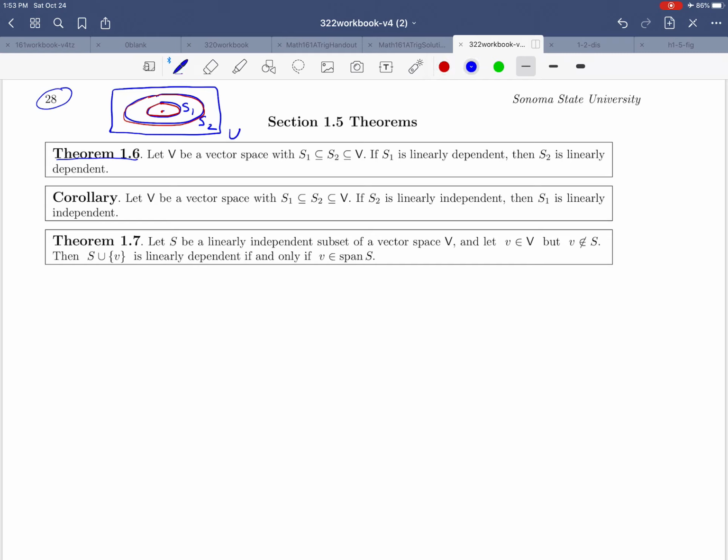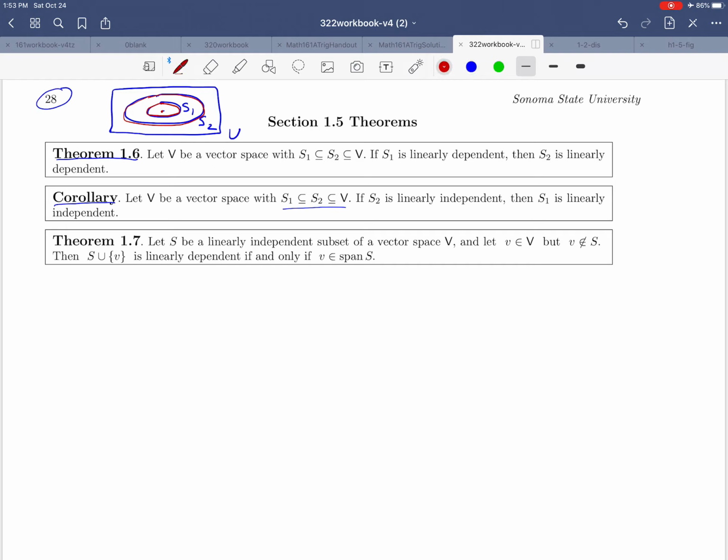Okay, now let's read the corollary to theorem 1.6. It starts with the same setup, and then says if S2, the larger set, is linearly independent, then the smaller set S1 is linearly independent. I'm curious, do you see a relationship between the corollary and theorem 1.6? Think basic logic here.